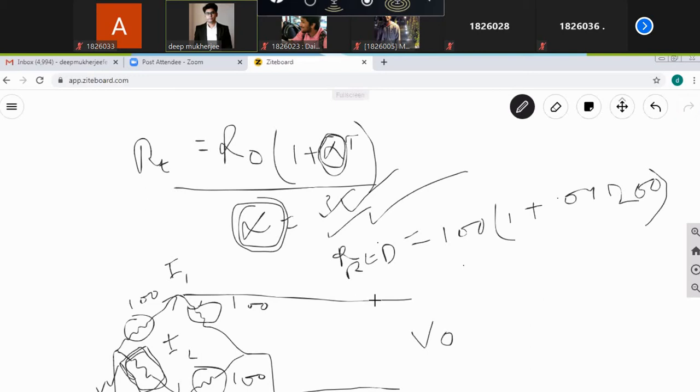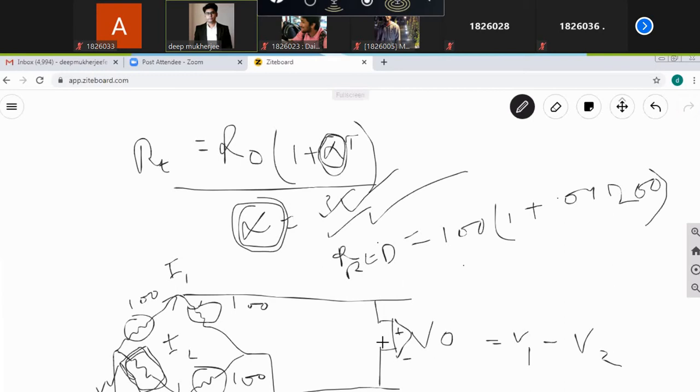The op amp acts as a differential amplifier, because you are getting two output voltages, V1 and V2. So V0 equals V1 minus V2.